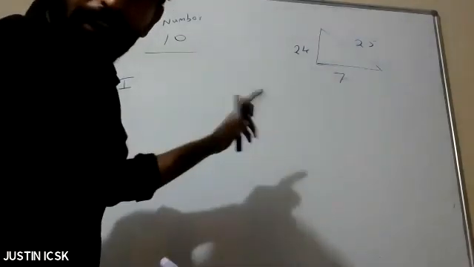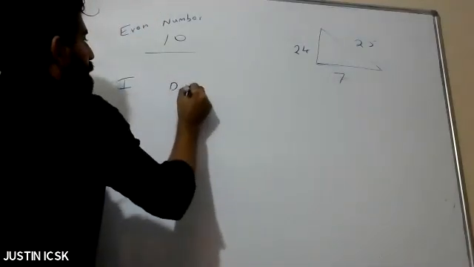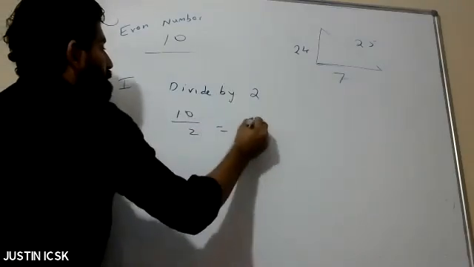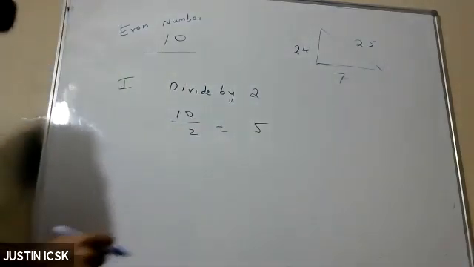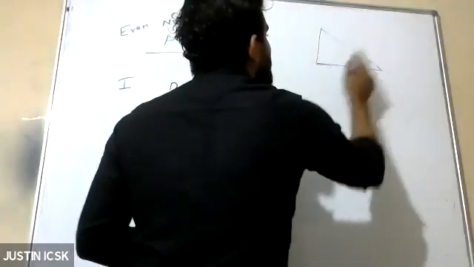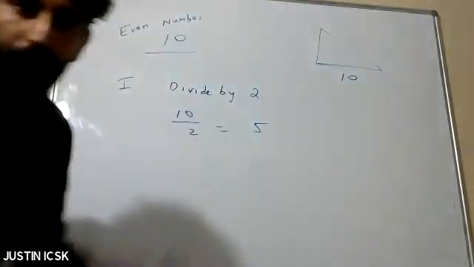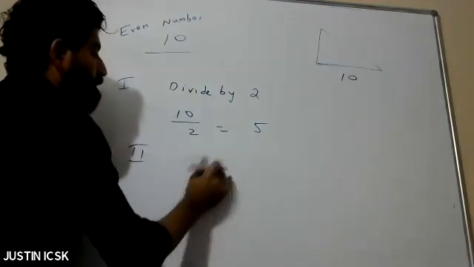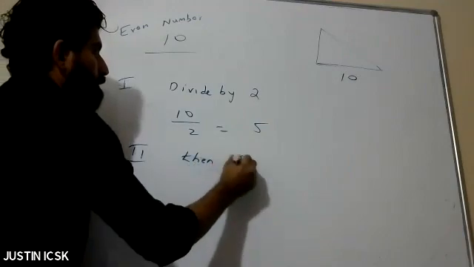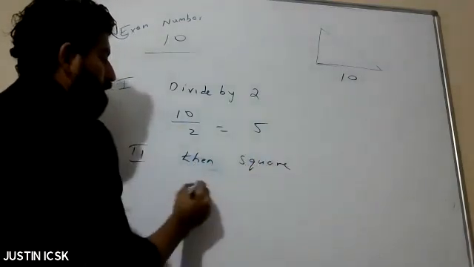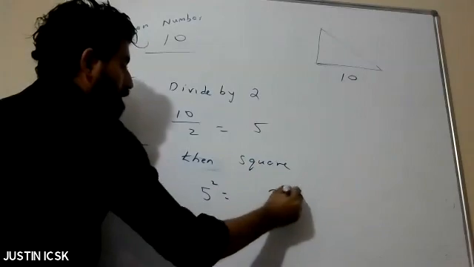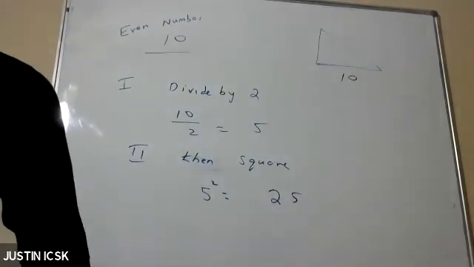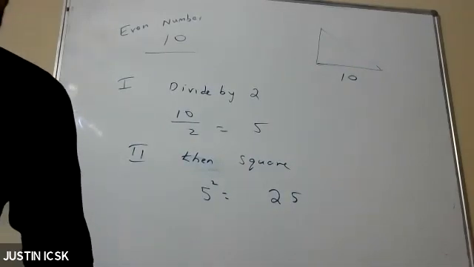Previously, first is squaring. Here, first divide by 2. Just opposite. Then square it.